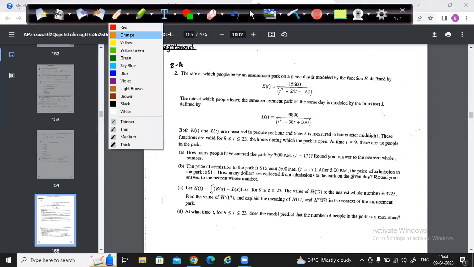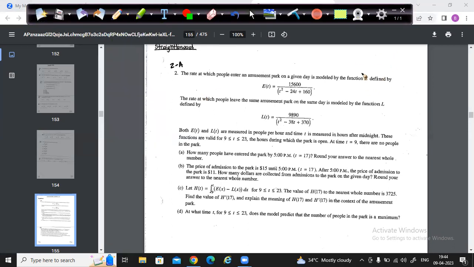You can use your calculators. The calculator based question only, yes. So at 9 o'clock it has started. 5 o'clock means how much here? 17. 12 plus 5, 17, right?